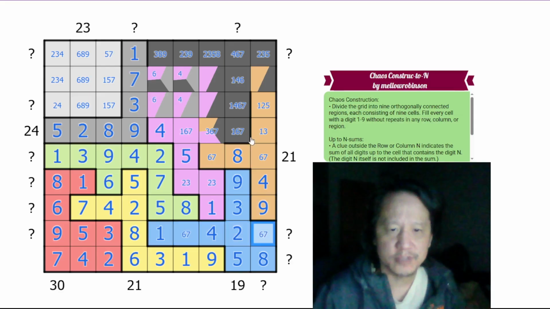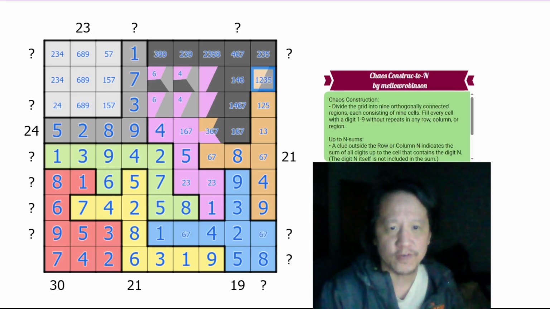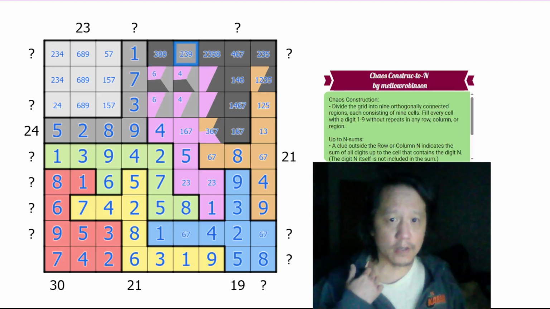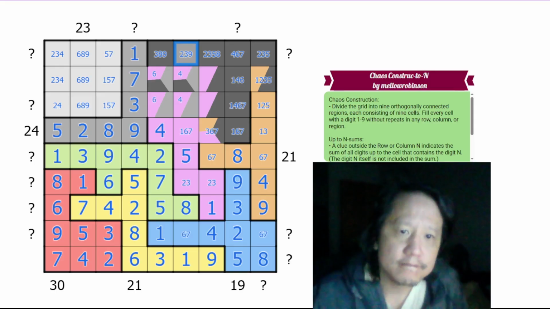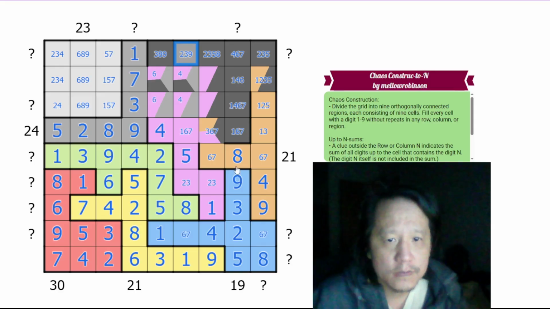This becomes a 6, 7, 6, 7 pair in column 1, which eliminates 6 and 7 in the rest of the column. So this must be 1, 2, 3, or 5 here. Remaining digits.